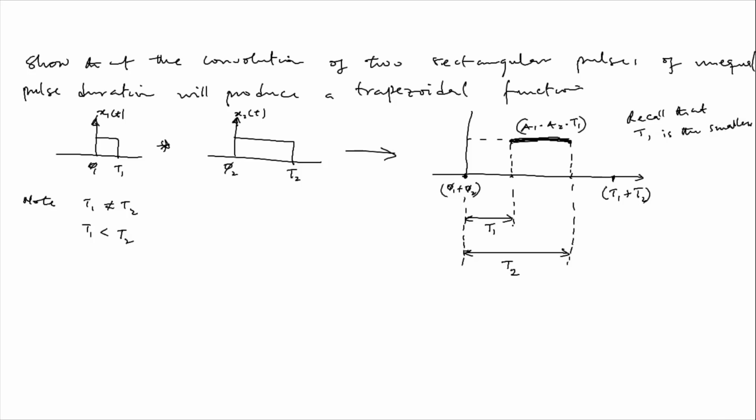Okay? So once that is done, join the points. This is half T. That's simple. So let us consider some of the basic properties of convolution.